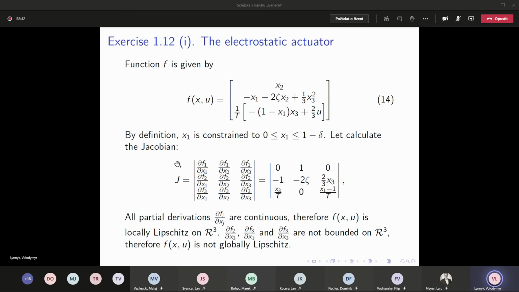Let's calculate the Jacobian. All partial derivatives are continuous. Therefore, f is locally Lipschitz on R3, but these three terms are not bounded on R3, and therefore f is not globally Lipschitz.